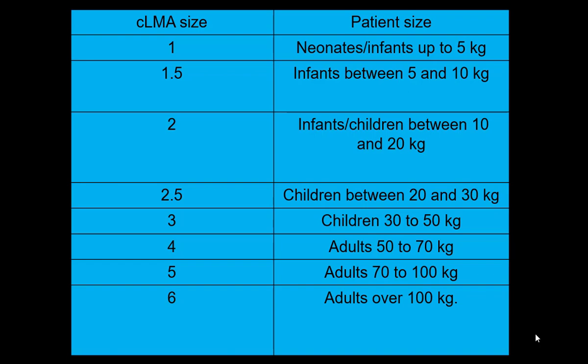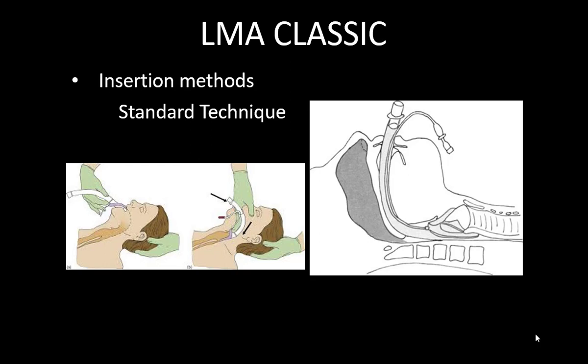It varies in size from 1 to 6, depending on patient weight. So how do we insert it? First we have to keep patient's head in sniffing position. Then we check the integrity of cuff by inflating it. Then deflate it completely. Apply lubrication jelly on the posterior aspect.